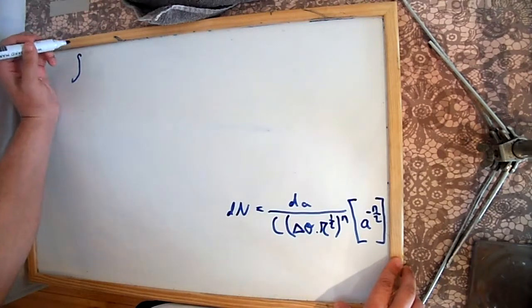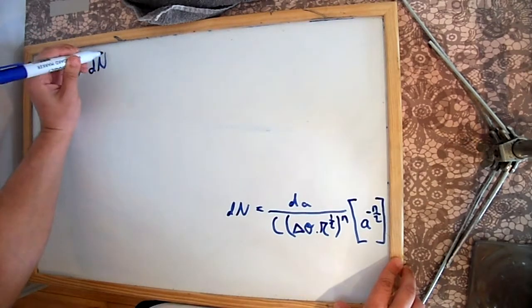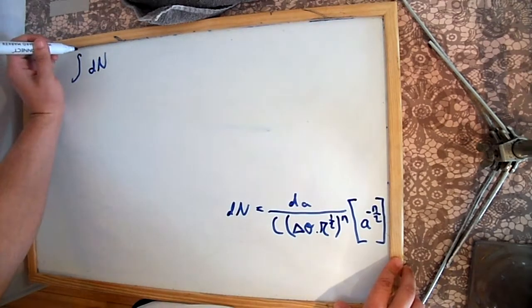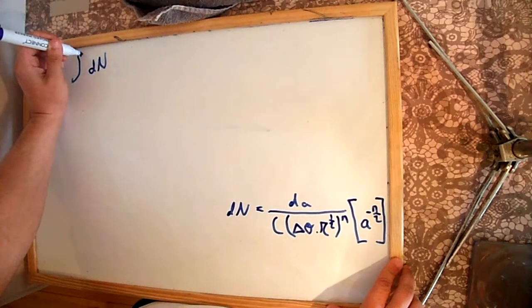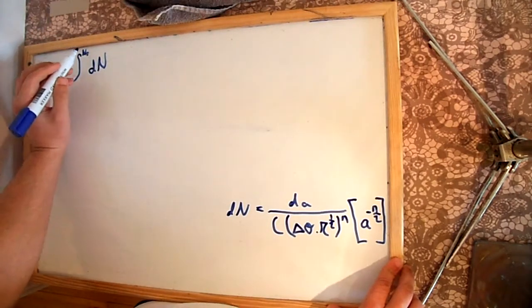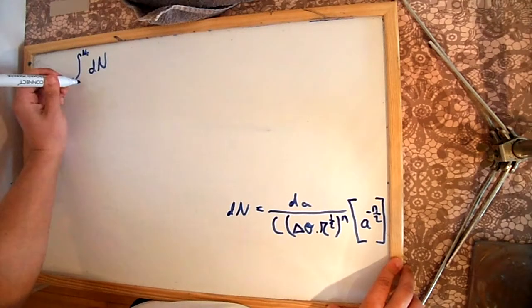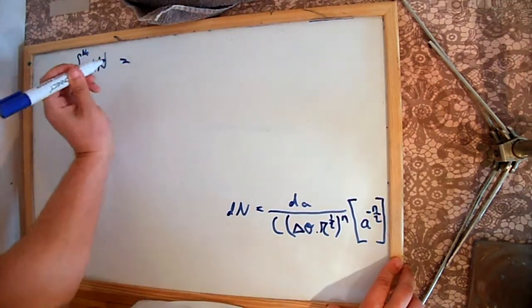So the next step now is to look at these dN and dA and try to integrate. For the dN, we're going to have the upper limit being the number of cycles, which we're going to say is N_f, and the initial number of cycles, which is 0. So that makes it easy.